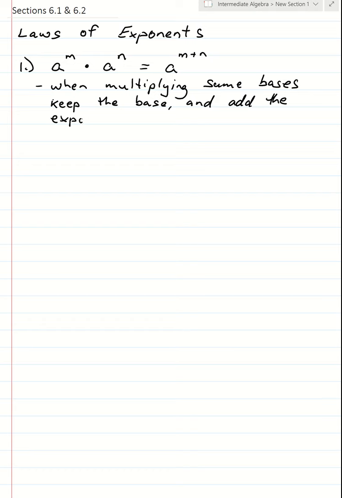That's what we're looking to do here. So whenever you are multiplying the same bases, you don't do anything with that base. You keep the base and you add the exponents.